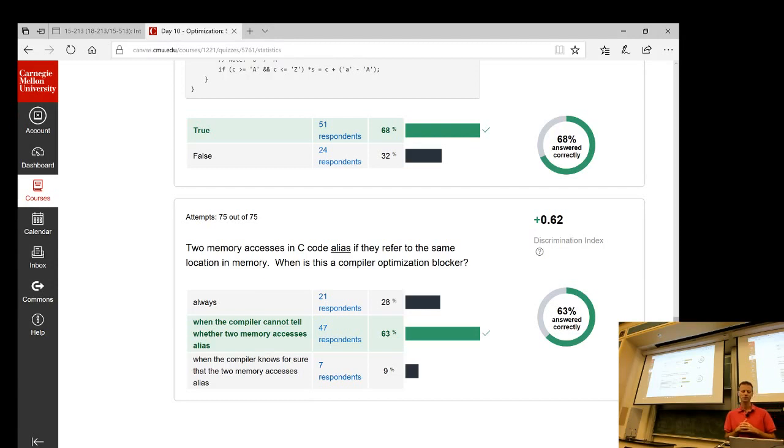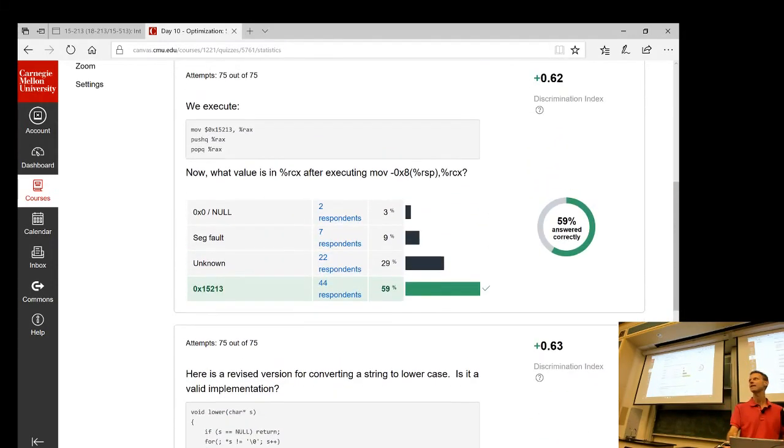It knows that there's multiple ways to reference something relative to the stack pointer and so forth. So it's not that the aliasing itself is a problem. It's the uncertainty about the aliasing that's the problem. Because then the compiler has to be conservative and say, I'm going to assume that these might alias when in fact maybe they never do, and then I have to do something really conservative. Any questions on that?